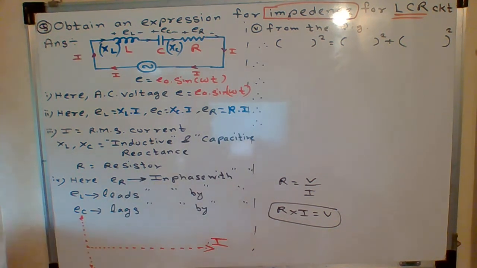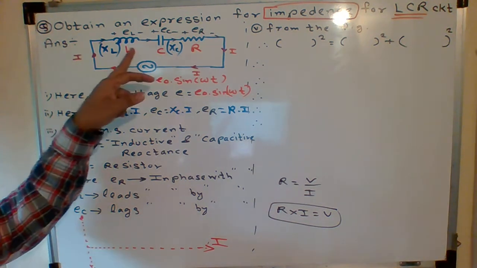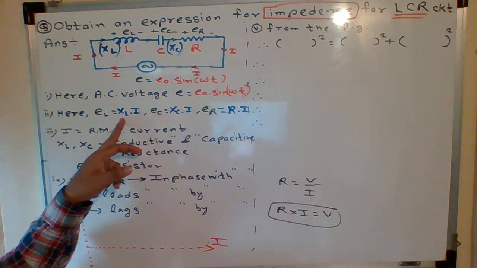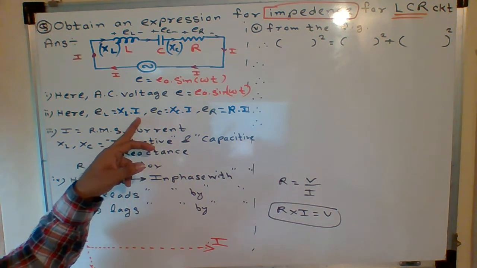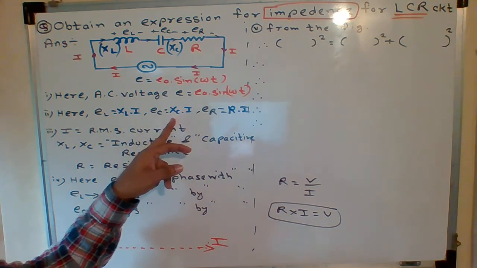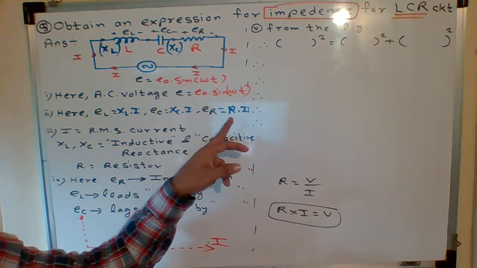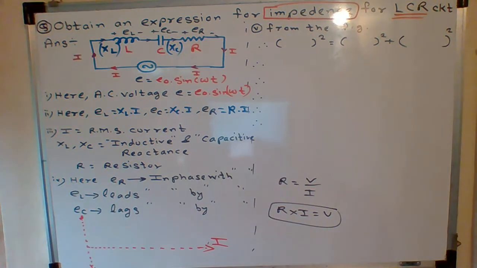This is a simple formula according to Ohm's law. Voltage across the inductor is XL multiplied by I, across the capacitor XC multiplied by I, and across the resistor R multiplied by I.